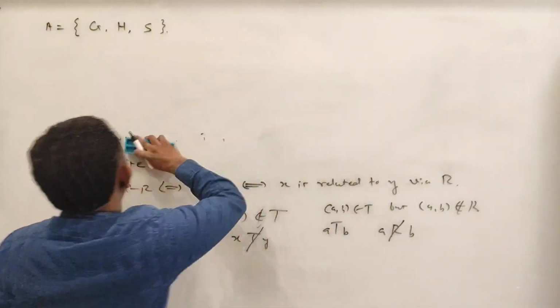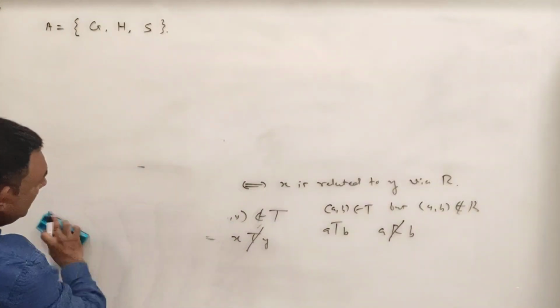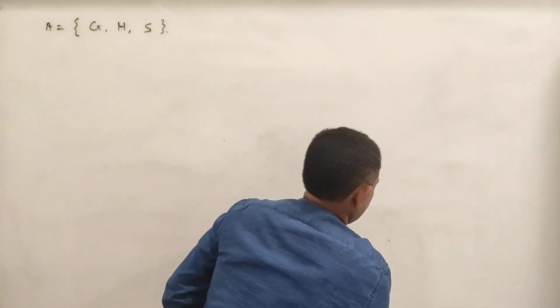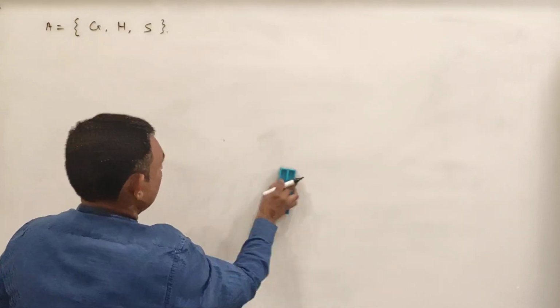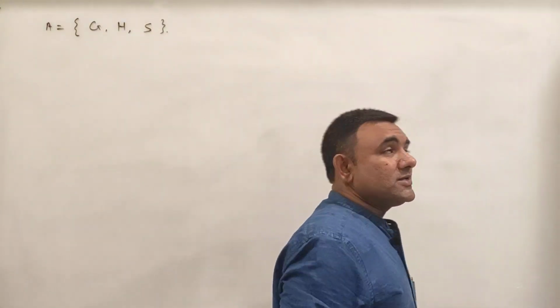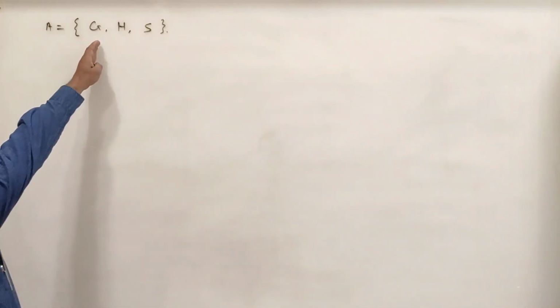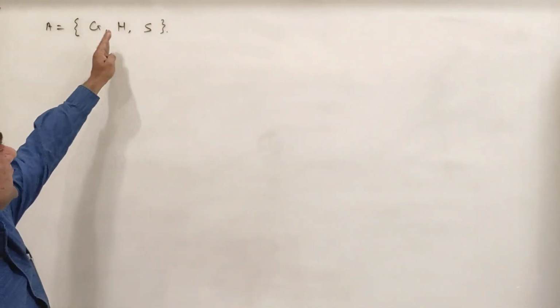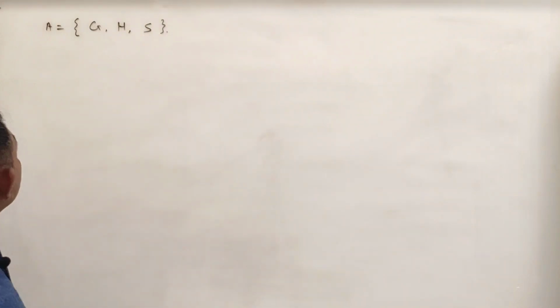Okay, so now let us come back to this example. Here I have considered one set A consisting of these three persons: Gandhiji, Hitler and Sardar Patel.